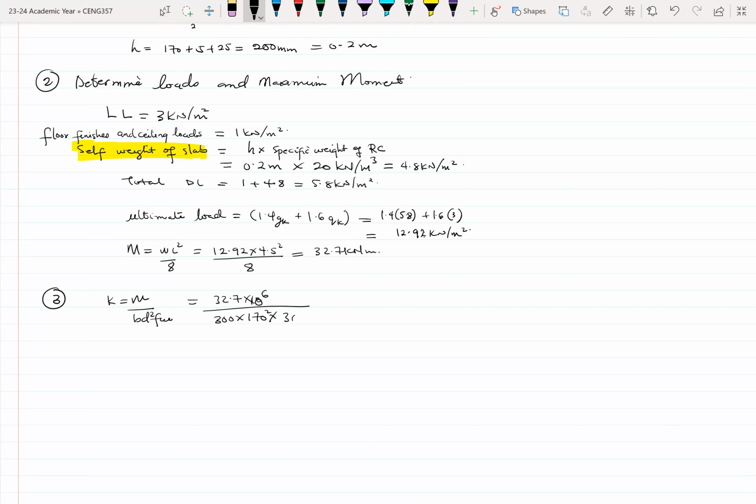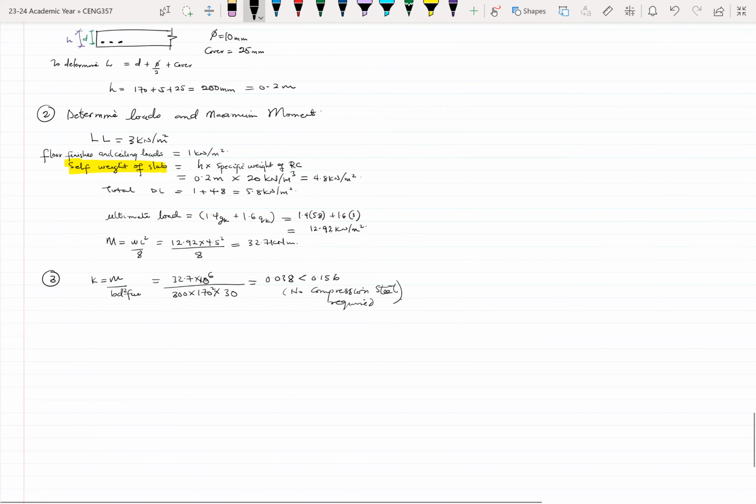Our FCU is 30, and that will give us, I think, 0.03, which is less than 0.156. So no compression reinforcement is required. All right, let's take a note of that.